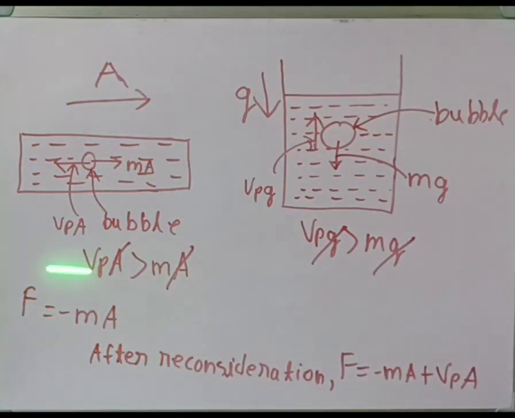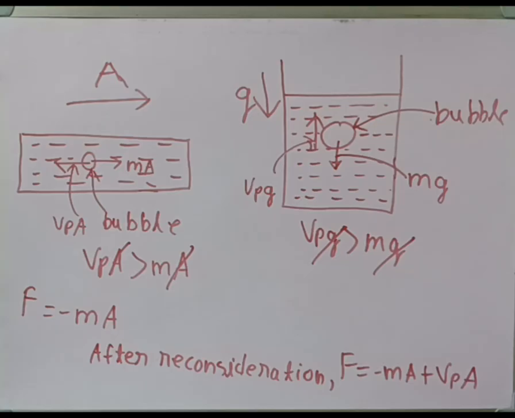Now let's come back to the main formula, that was F equals minus m into capital A. After the reconsideration, that the water is playing some role, the new formula is F equals minus m into capital A plus V rho into capital A. Now why is it plus? Because it is in the direction of the acceleration of the bottle only, right?